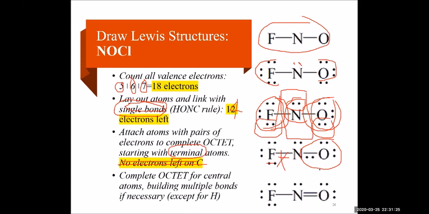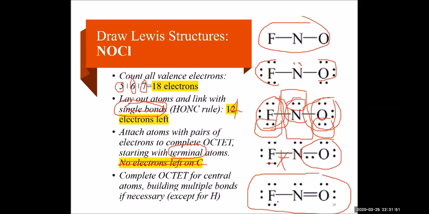So keep in mind, in the end, we have to remember the HONC rule, the extended HONC rule. When both atoms can share electrons, which atom is able to share without breaking the HONC rule? Only oxygen can share the lone pair and form a double bond. It's more legit.